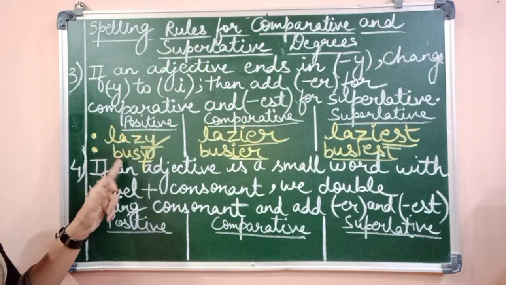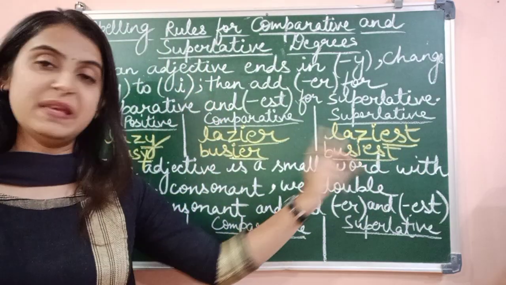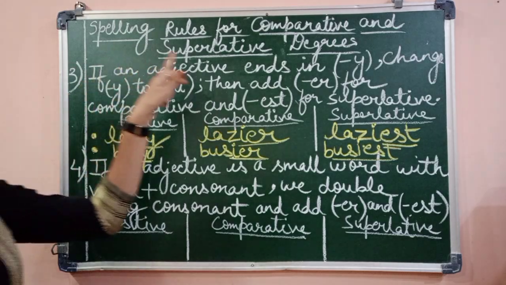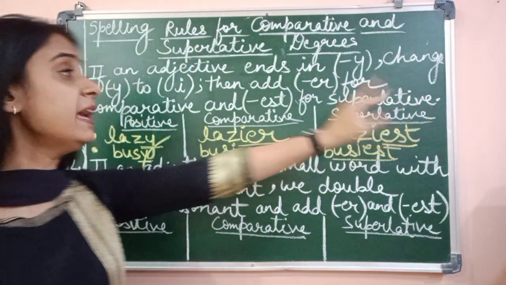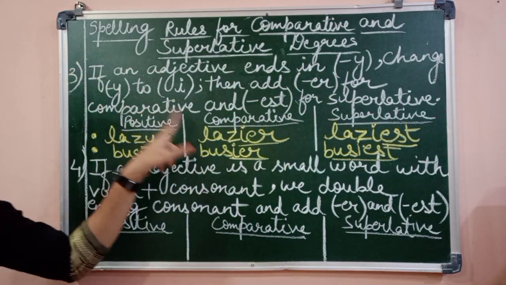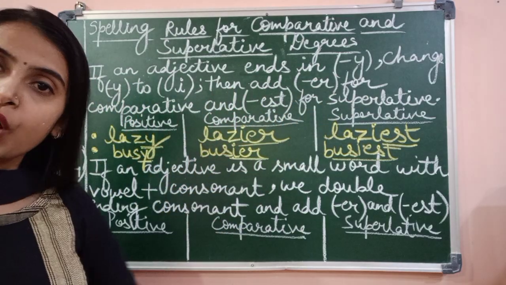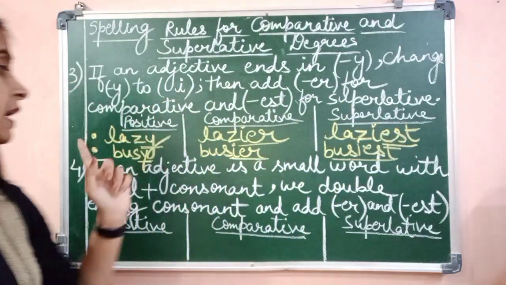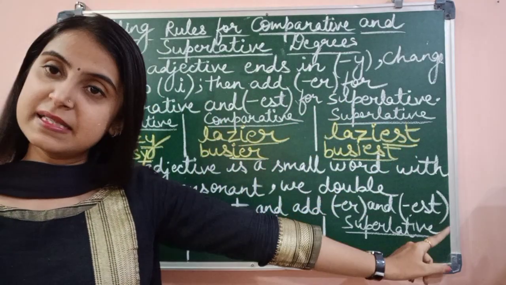So it becomes busy, busier, busiest. I hope rule number 3 is also clear. It says if an adjective ends in Y, we need to change Y to I and then add ER for comparative and EST for superlative. So lazy, lazier, laziest, busy, busier, busiest.